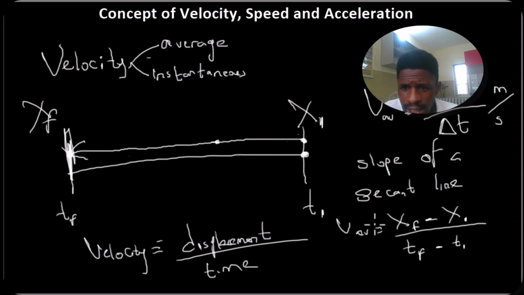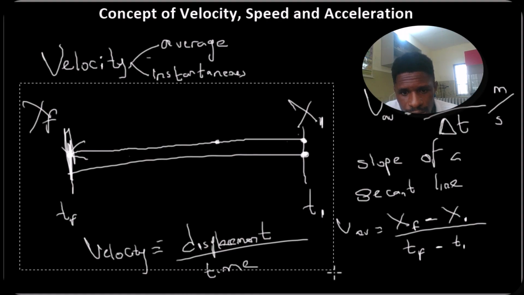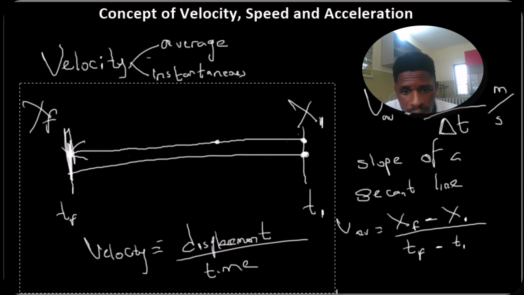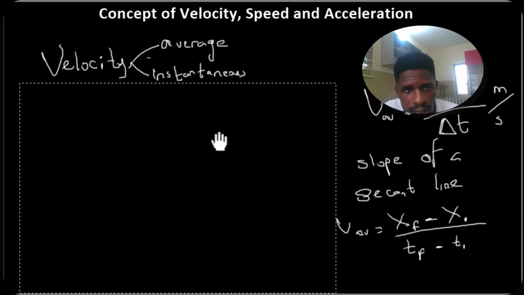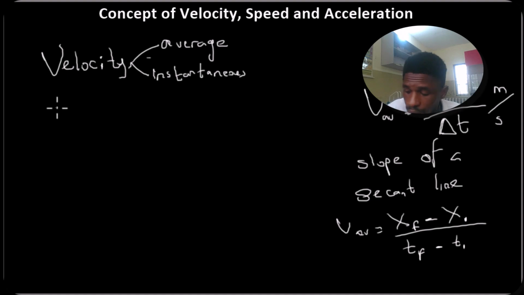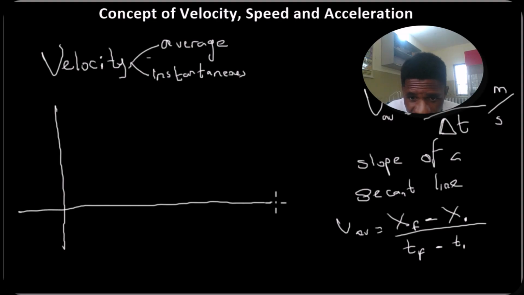Now let's try and represent a graph this time around, an xt graph, that is a position time graph. So we can talk about what a secant line means, and then we can move on to instantaneous velocity. So let's say I have an xt graph that looks like this. An xt graph just tells us position time graph.